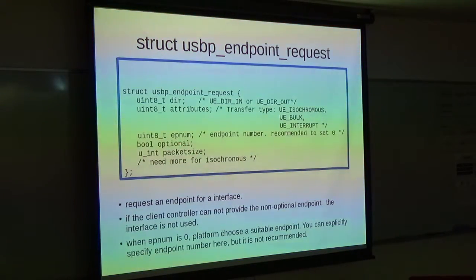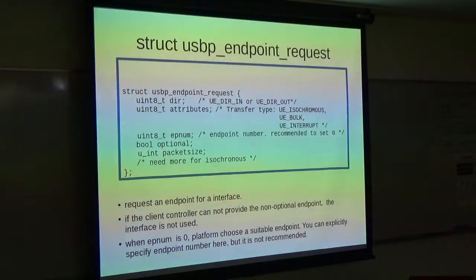And you can mark this endpoint request as optional. If the client controller doesn't have that endpoint, or that endpoint is already used by other interfaces, you can run that interface without that endpoint. In that case, you can set this mark that it is optional.